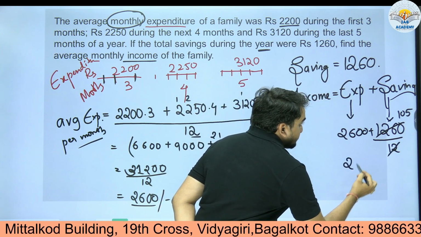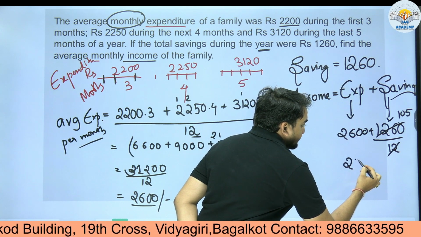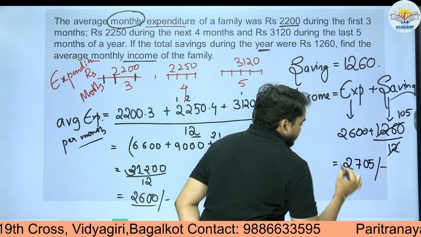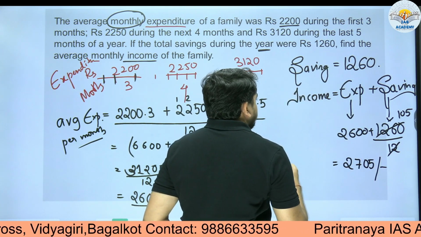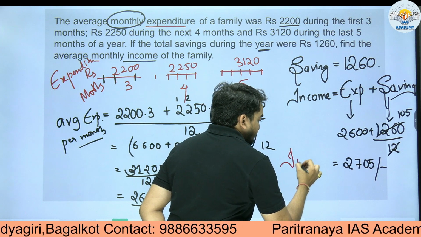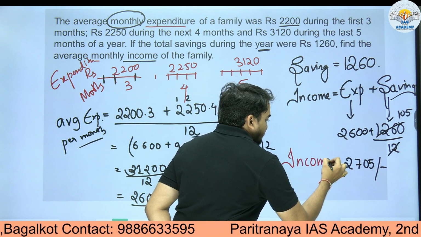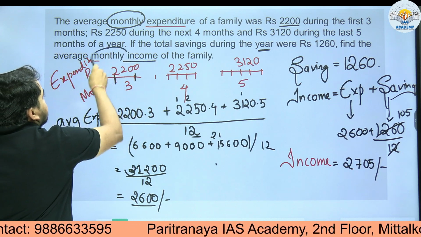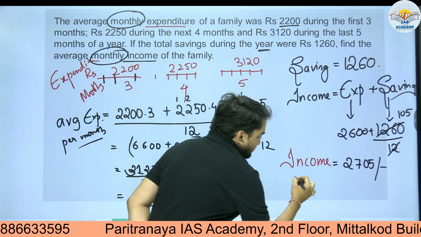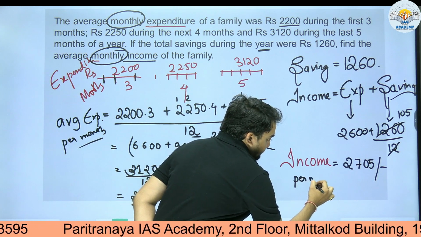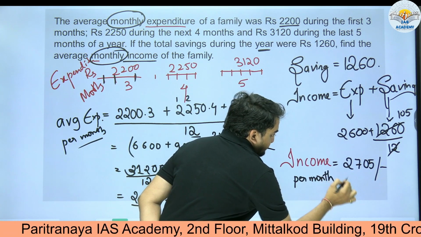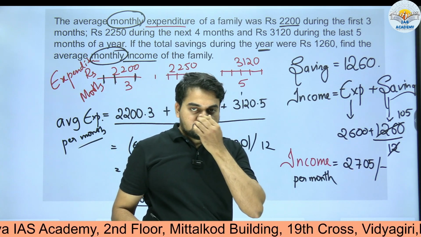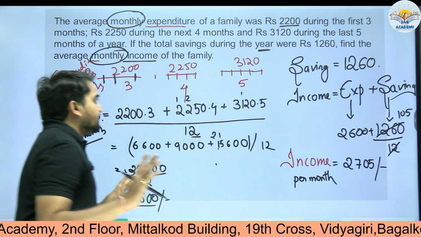When we add, the total income comes out to be 2705. That is the average monthly income, per month. So income per month is 2705 rupees.